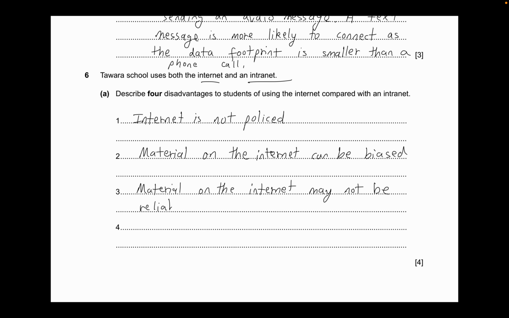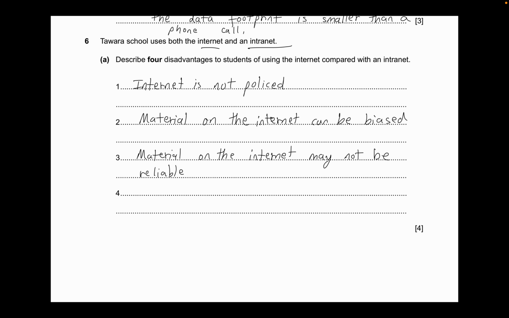And the fourth one, there are more security issues when using the internet. You can also mention that anyone can create a website on the internet, so inaccurate information can be posted. You can also mention that there are more distractions when using the internet. Okay, let's move on to the next question.